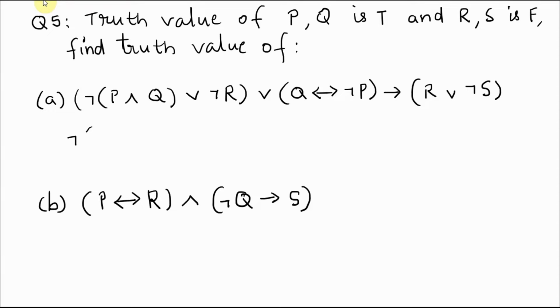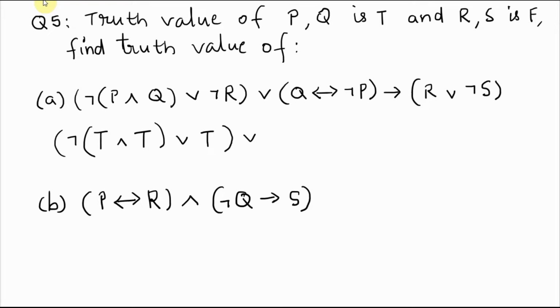So not of P is true, and then we have AND logic. Q is also true, so we have true and true, and then or not of R is true because R is false, so not of R is true, and then we close this.